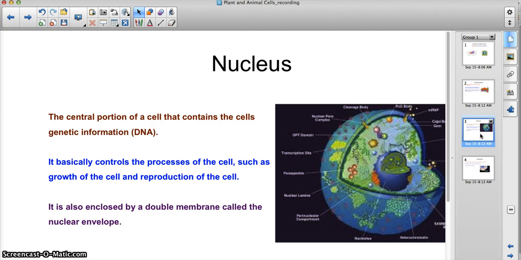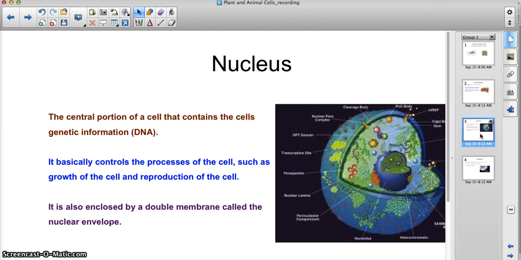Now, we have two types of organisms. You have some that are eukaryotes, some prokaryotes. You are a eukaryote. What that means is that your cells contain a nucleus. Prokaryotes don't contain a nucleus. So if you have a prokaryote and no nucleus, that means the genetic information is just inside the cell itself. When you have a eukaryote, they all have nucleuses, and most organisms are eukaryotes, the majority of them.